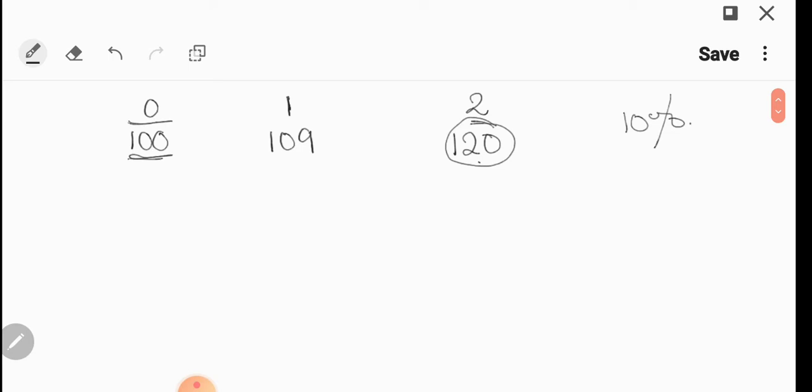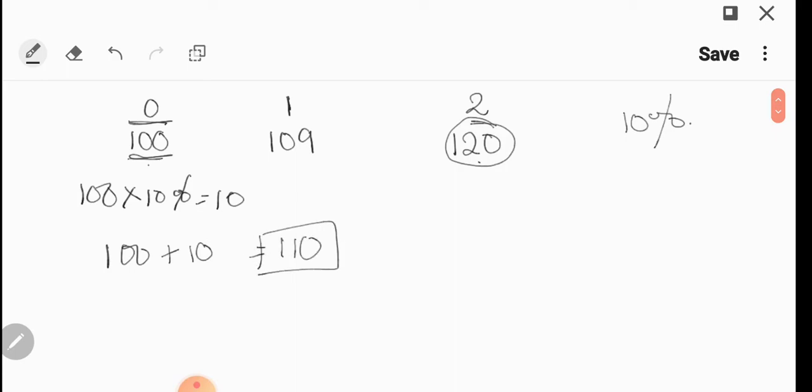Now if this 100 is given to you now, you can invest it at the 10% rate, and you will get an interest of 10. So this value 1 year later will become 100 plus 10, which is 110.